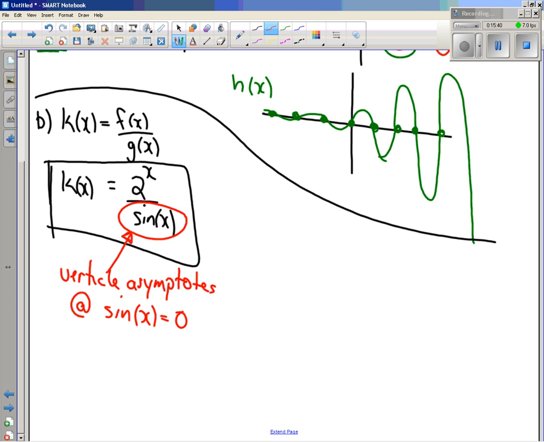Okay. So if we start with our axes, we know that sine is 0 at 0, pi, 2 pi, negative pi, negative 2 pi. So those are going to correspond to asymptotes.